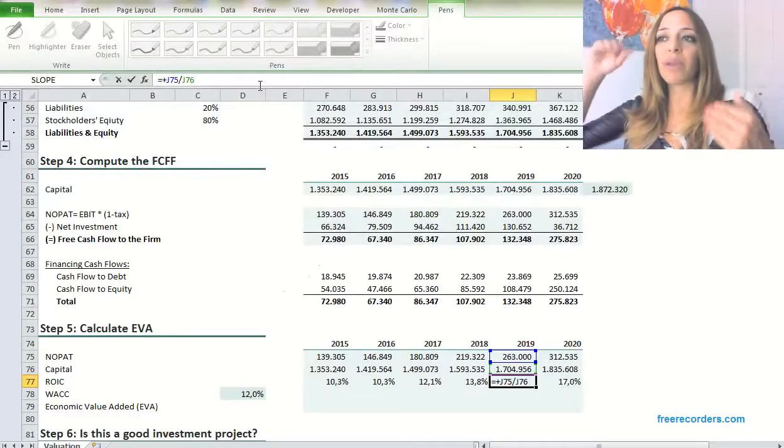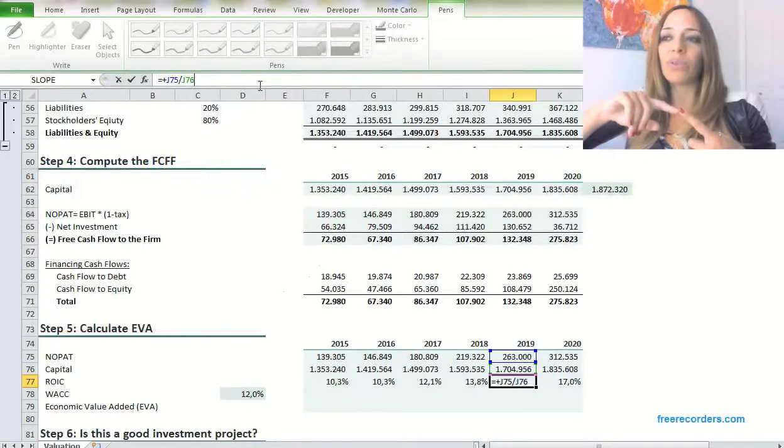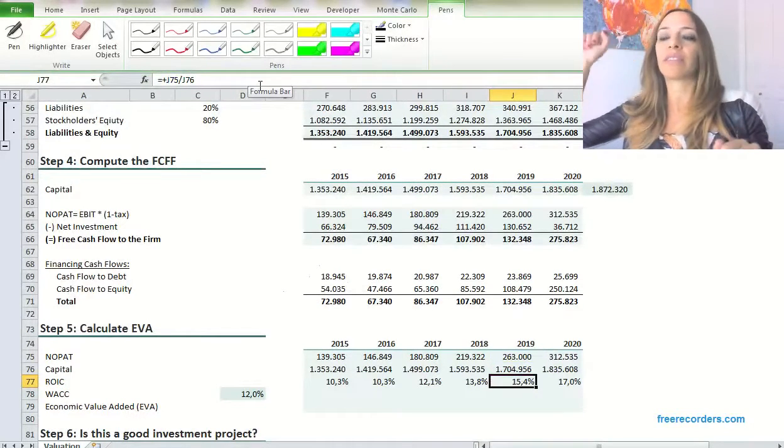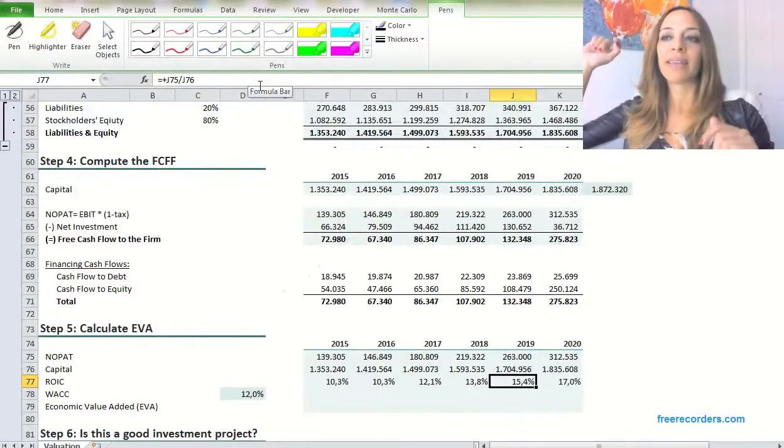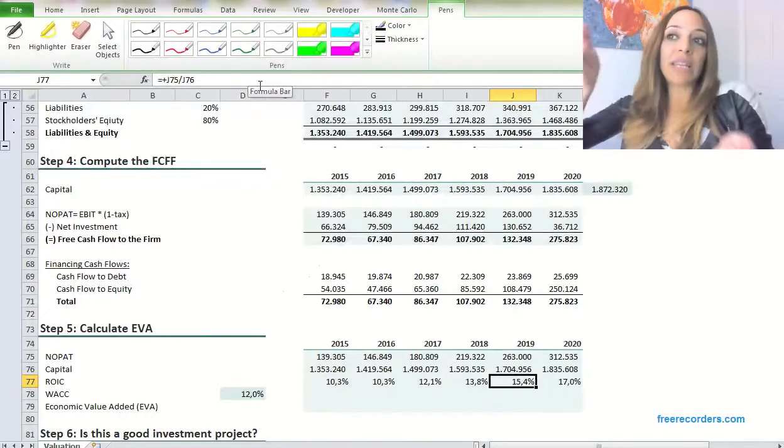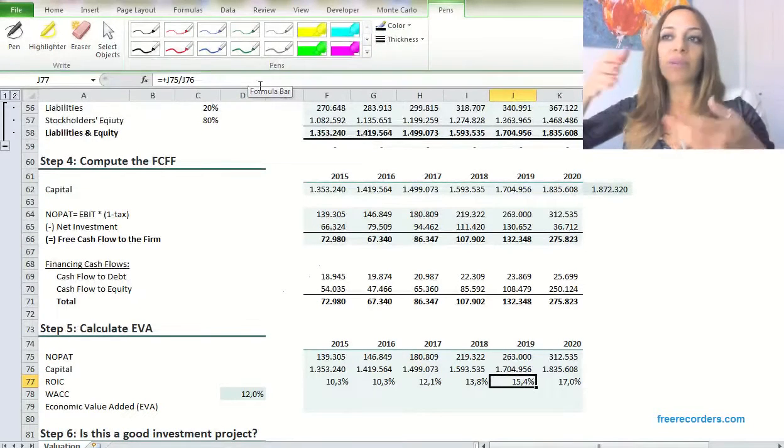Well, if you remember the way we forecasted the balance sheet, this makes sense because not all the assets for this project are fixed. Some of the assets are fixed, others are variable, meaning that we are expecting that with the growth of sales, we will need some new inventory, we will need some accounts receivable, but some assets are fixed.